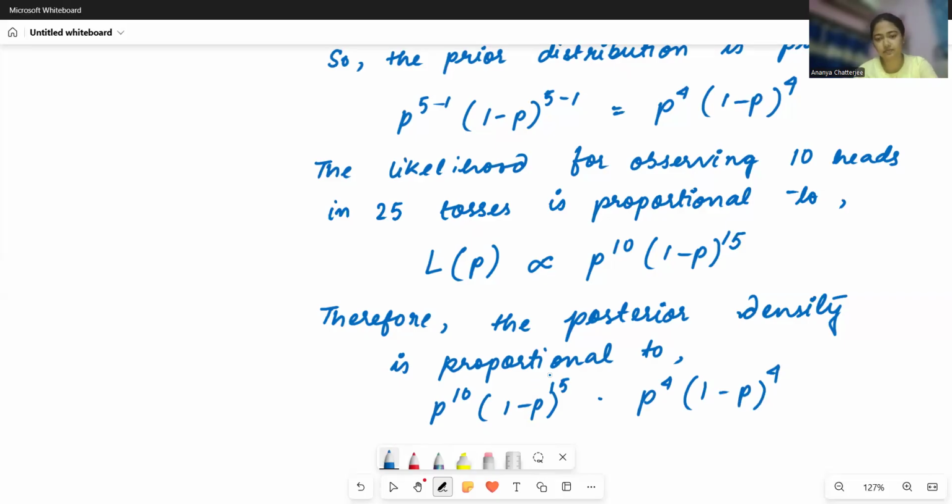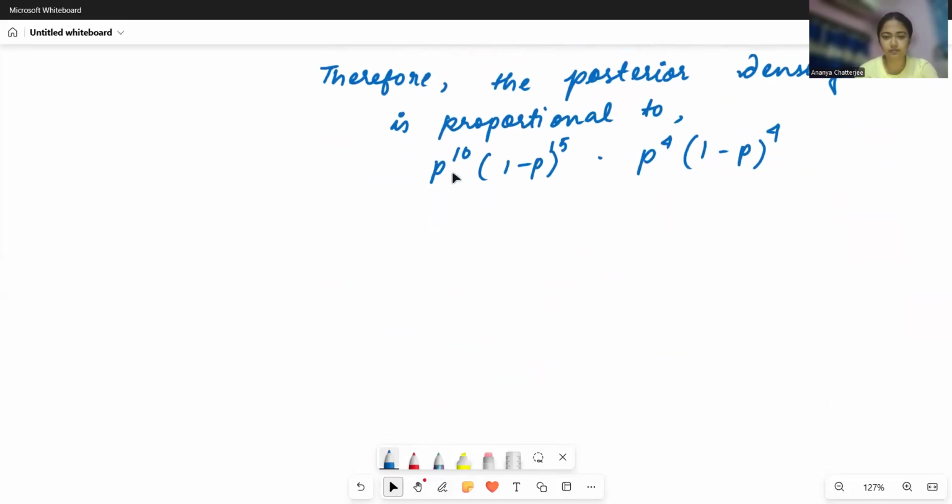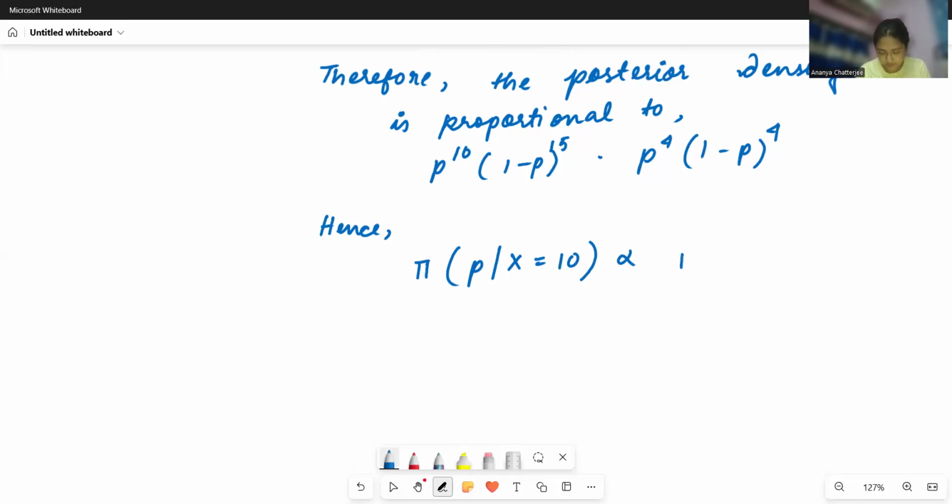Correct? Now, hence by this, you can say that P given X is equal to 10 is proportional to P to the power 14, 1 minus P to the power 19, right?